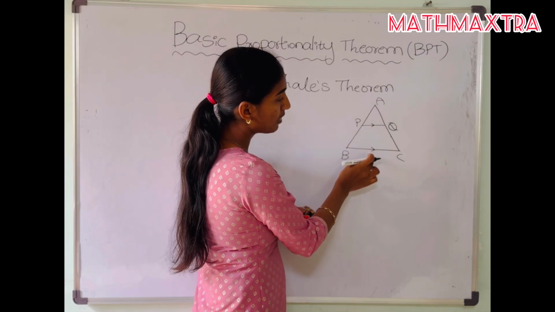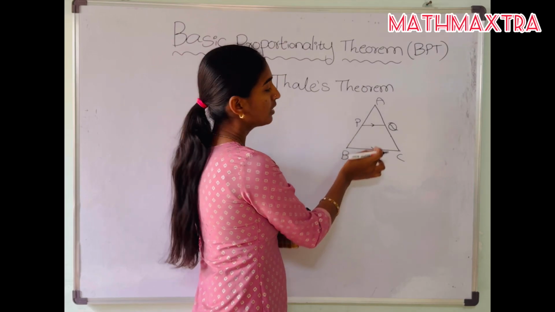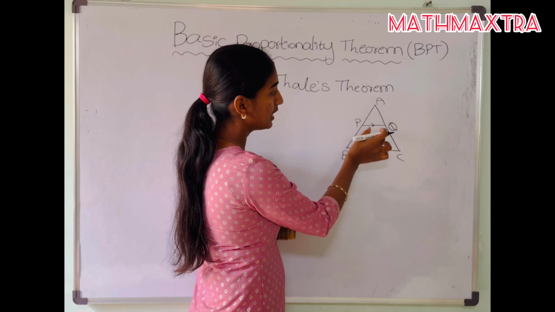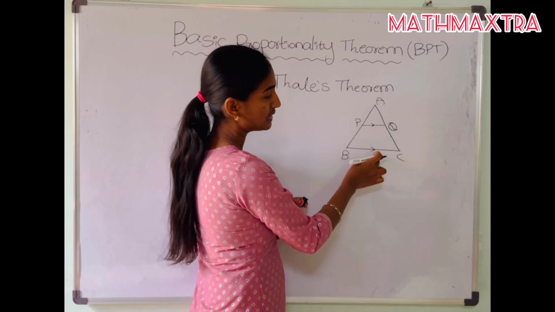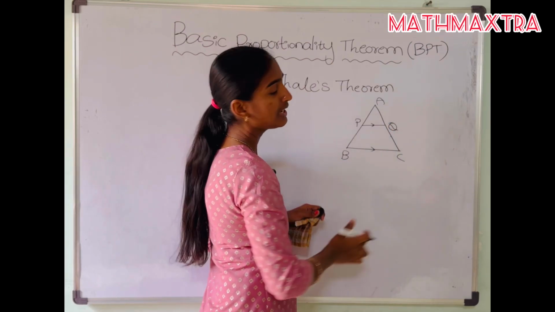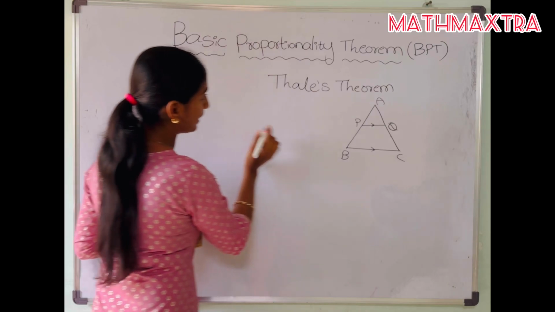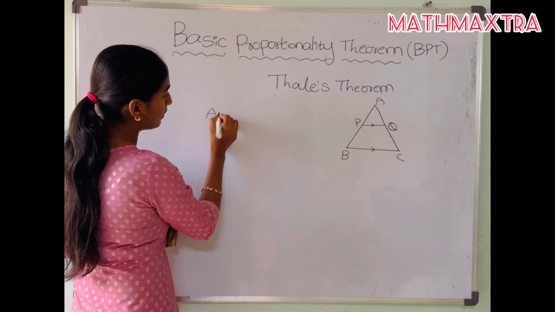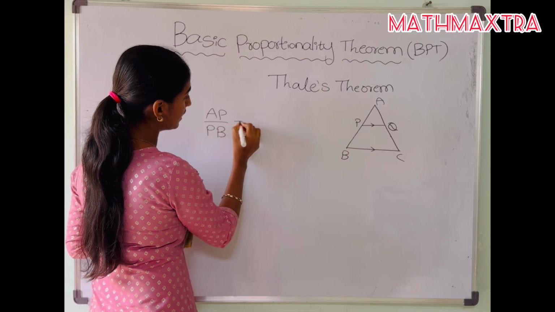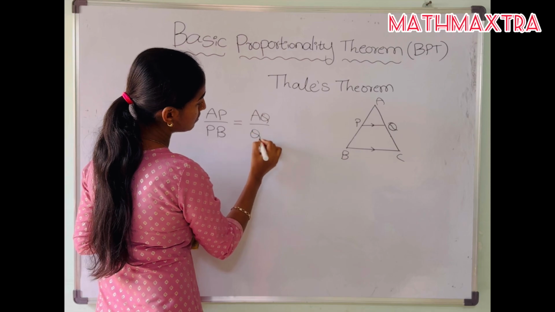This is the symbol for representing parallel lines, two arrows. This PQ is parallel to BC. What happens if this line is parallel to BC? This line divides these two sides AB and AC in the same ratio, which is nothing but AP by PB equal to AQ by QC.